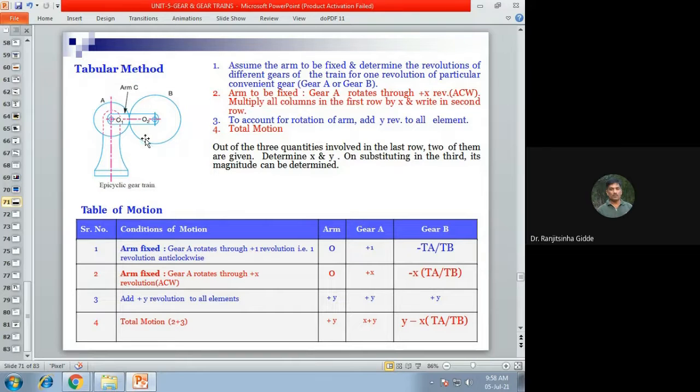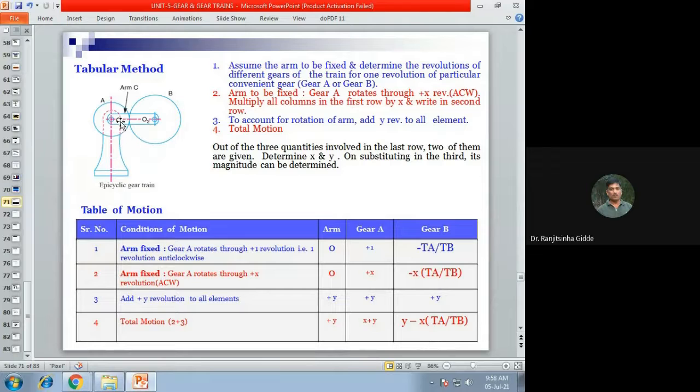Now, this is an epicyclic gear train. This is gear A, gear B, and arm C. And this is the one foundation on which this mechanism is mounted.